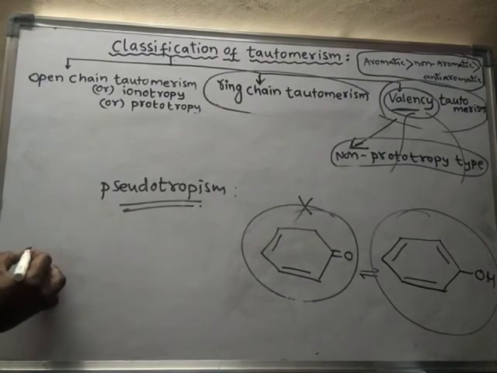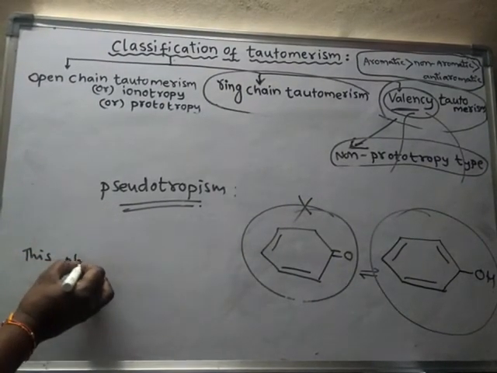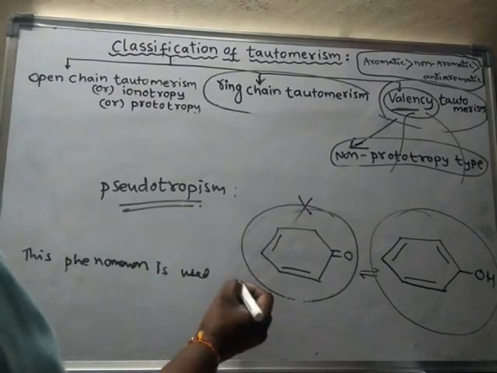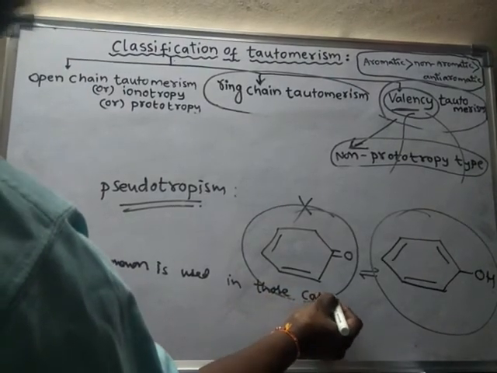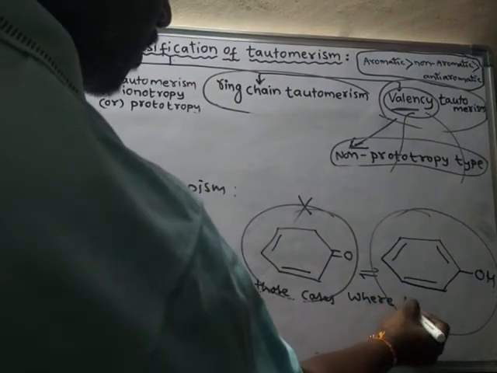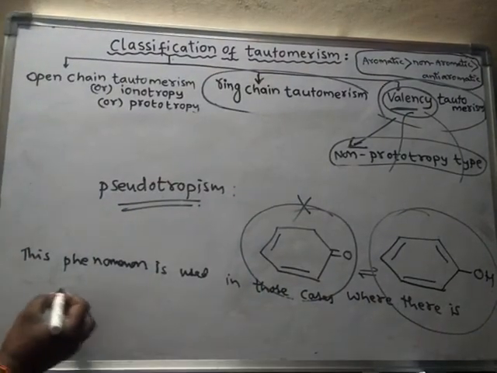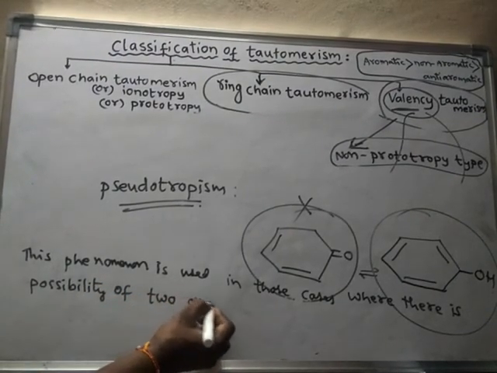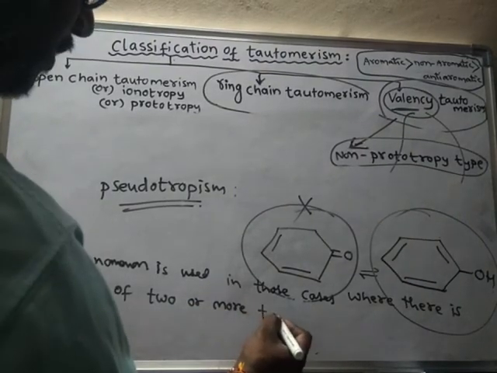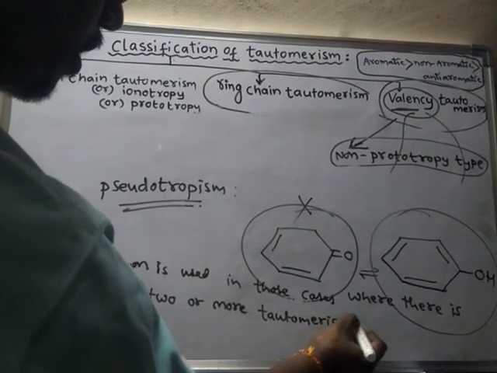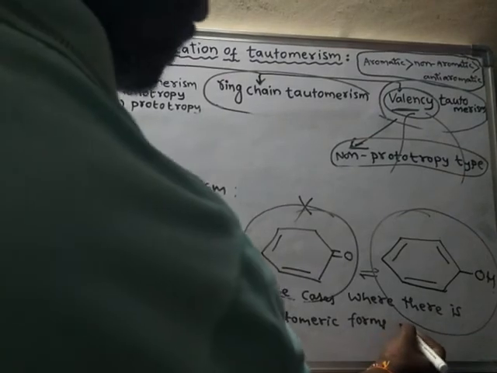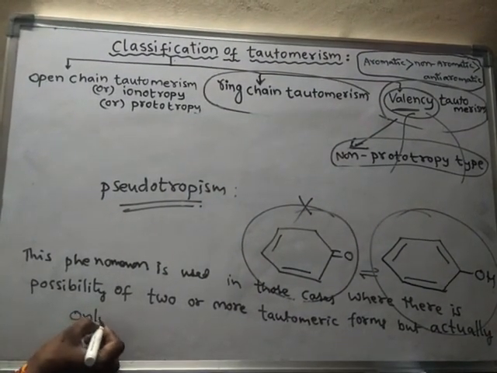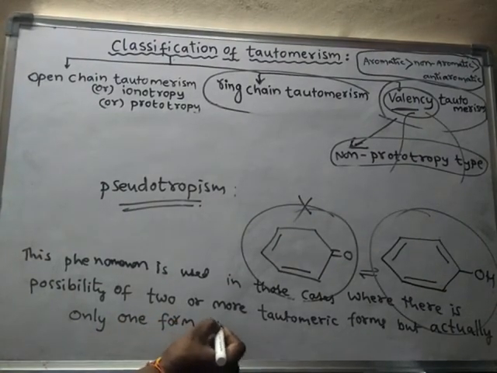So pseudotropism is, see, this phenomenon is used in those cases where there is possibility of two or more tautomeric forms, but actually only one form exists.